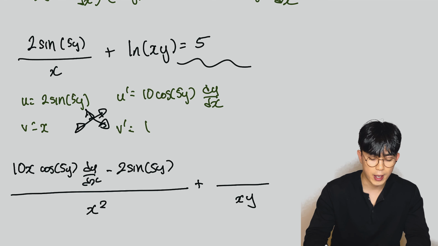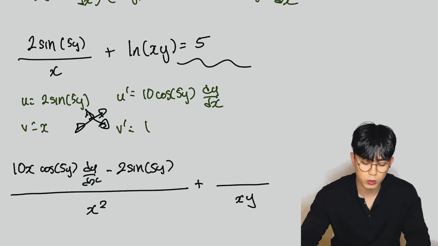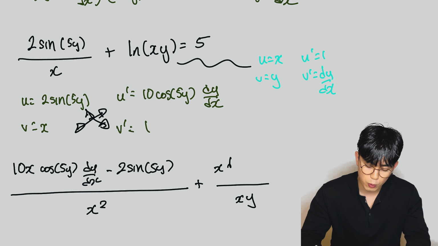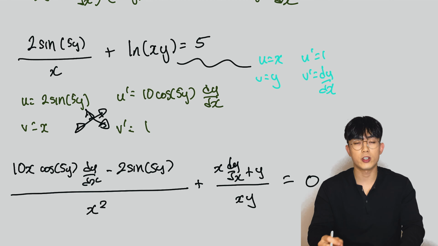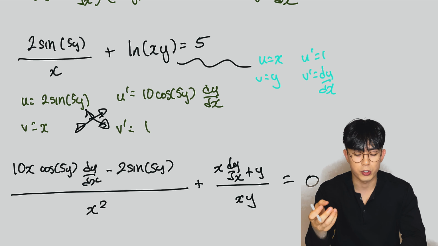We now have to differentiate xy, so there's two functions multiplied together, so we just have to use the product rule. U being x, v being y, u prime is 1, v prime is dy by dx. So therefore, we're going to get x dy by dx plus y, is equal to the derivative of 5, which is just 0. Okay, so you can see a combination of the quotient rule and the product rule being used.